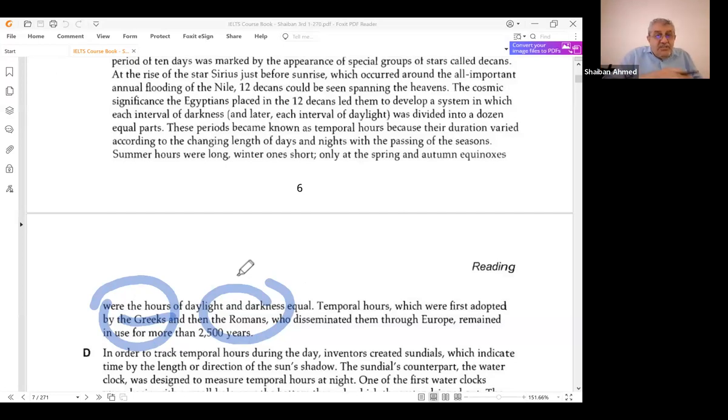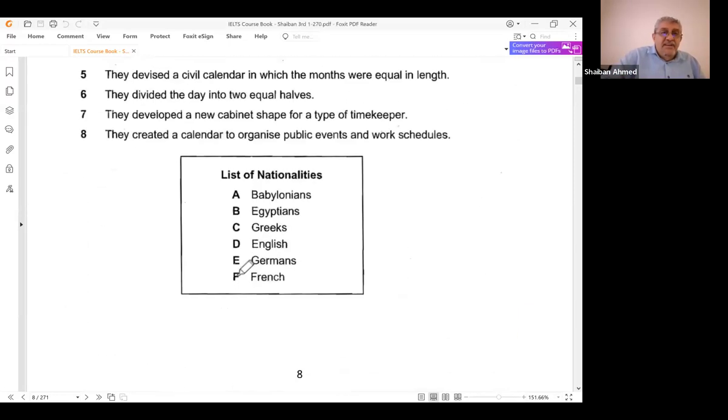Anyway, let us check, because he said then the Romans. If the question wanted to give something right, it would say Greeks and Romans to match, but he said Greeks then Romans. Anyway, we have to see it to believe it.